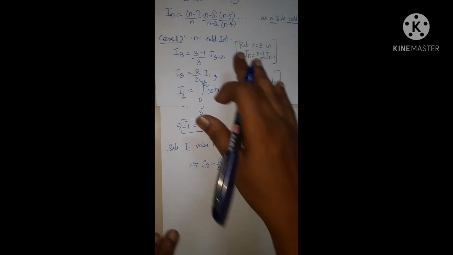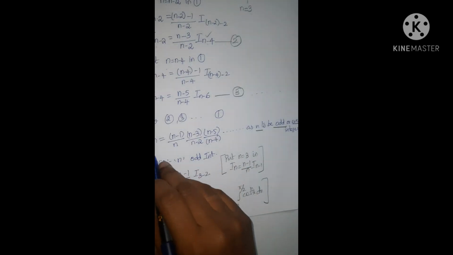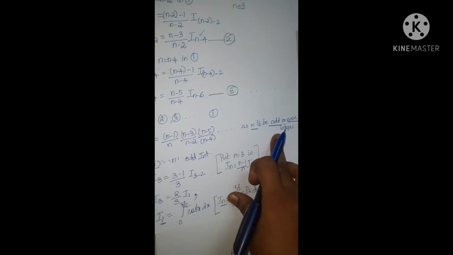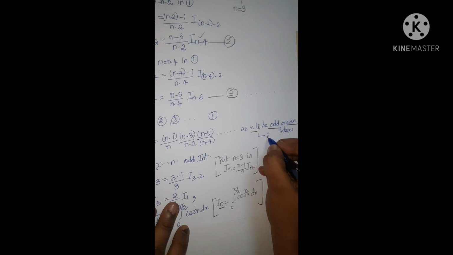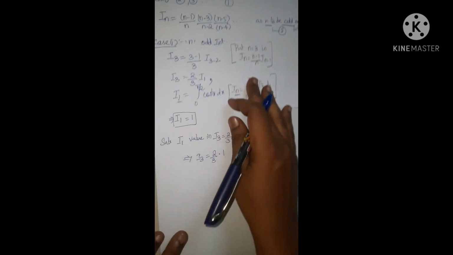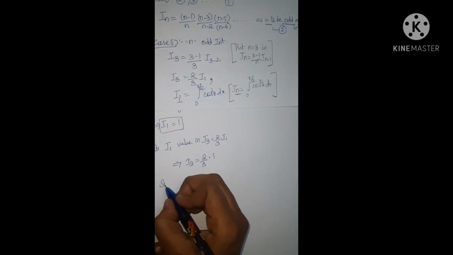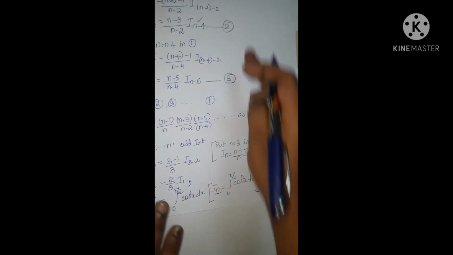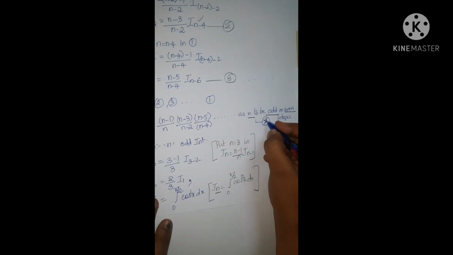Let me call this expression, where I have to find the last term, equation 2, and this I 3 value, I cannot call it 3, this should be called something like star.